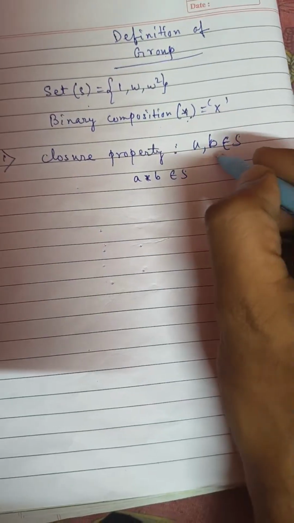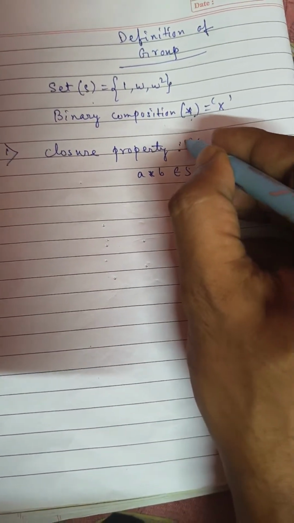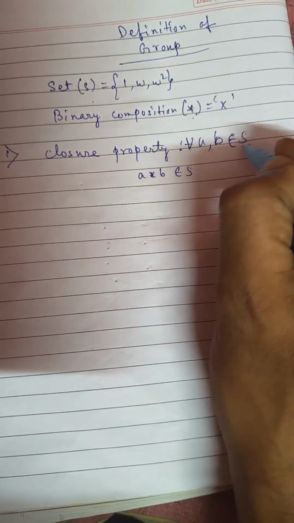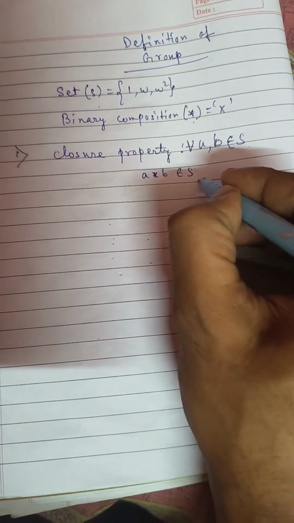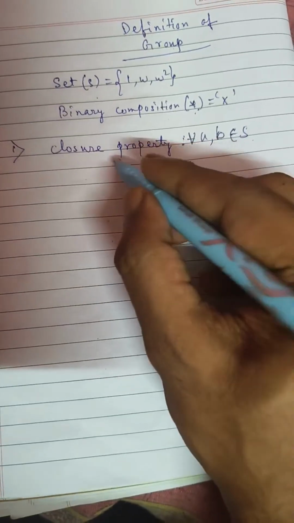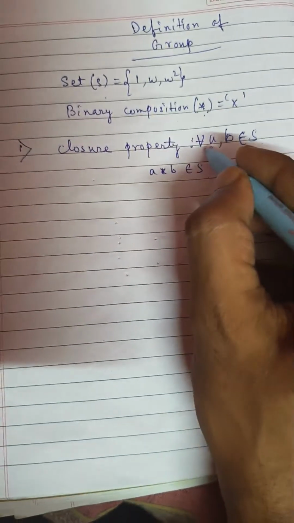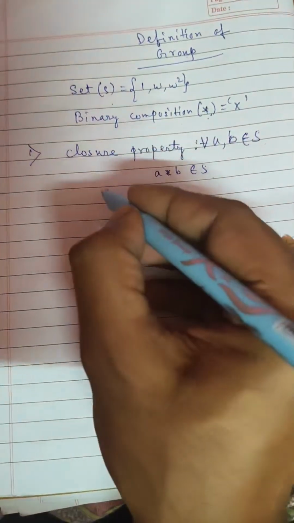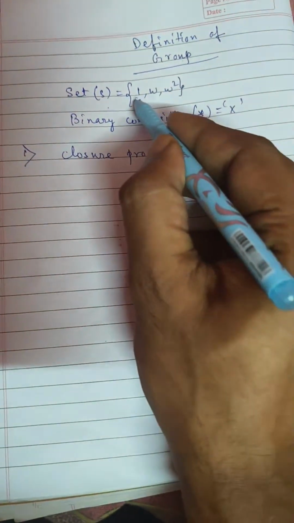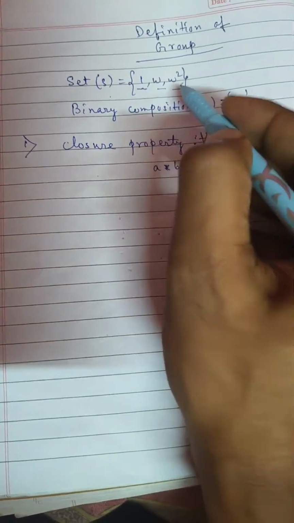In this way, for all A, B belonging to the set S, A star B must belong to the set S. Then we say that S is closed under this binary composition star. Here we have taken {1, omega, omega square}.